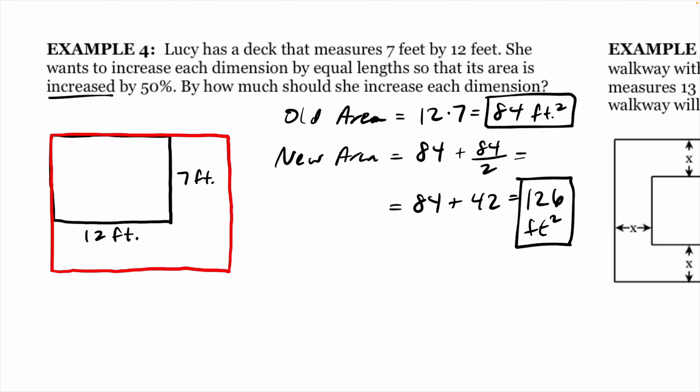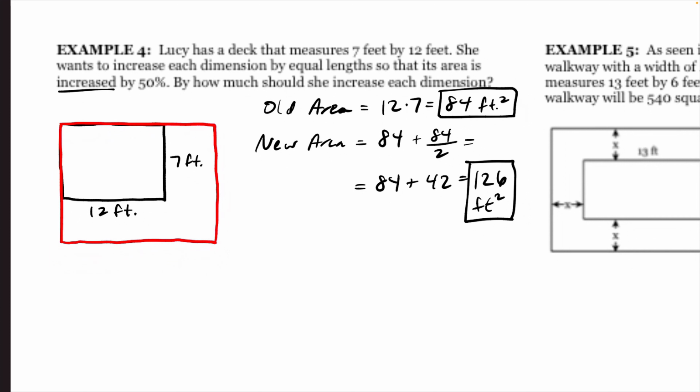Okay, so now we're starting to get somewhere. Okay, so how do I figure out what area is? How did I figure out what 84 was? Length times width, right? So now what I need to do is I need to go length times width of the new deck. The new deck.